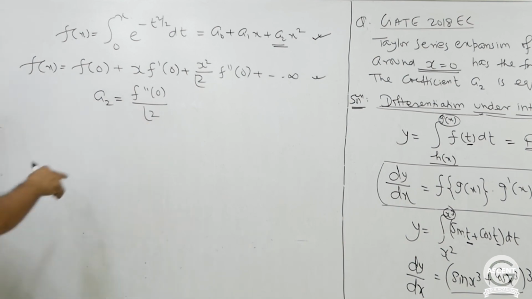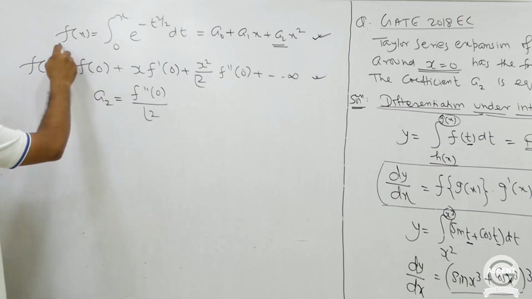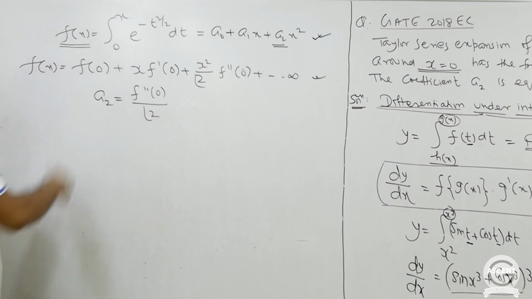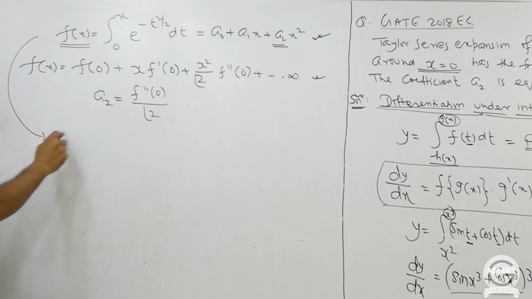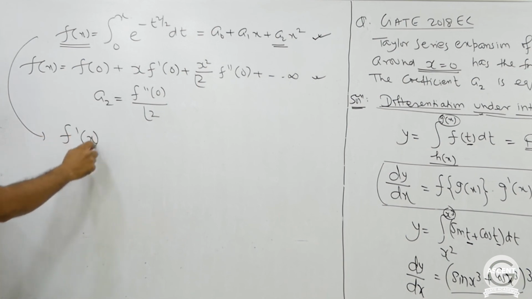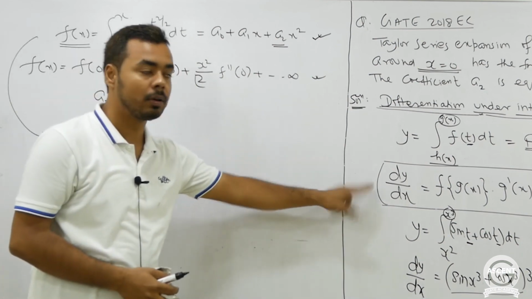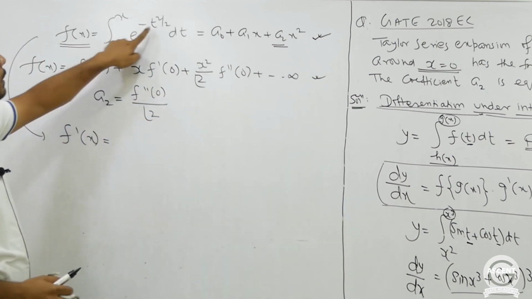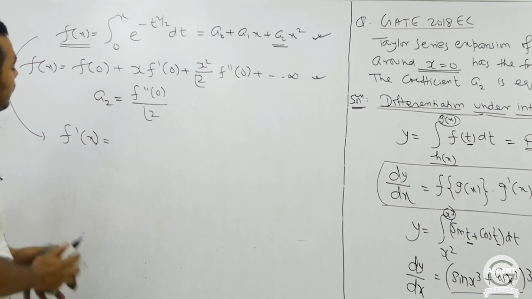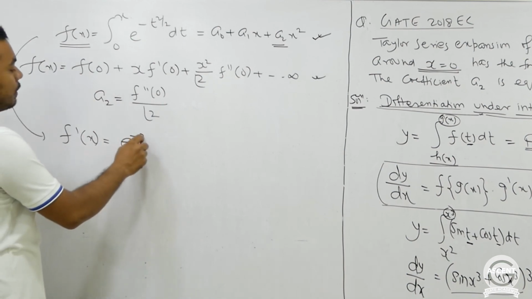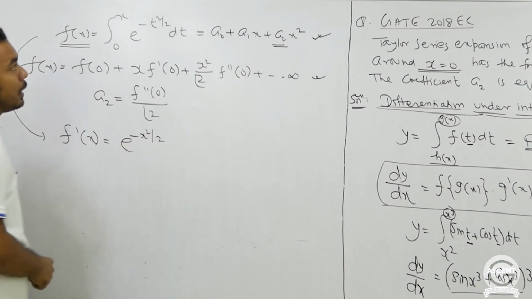In order to calculate a2, first we need to find the second derivative of this function, and then in place of x we substitute 0. For the first derivative we are going to use this particular formula. First step: replace t by the upper limit x, so you will get e to the power minus x square by 2.